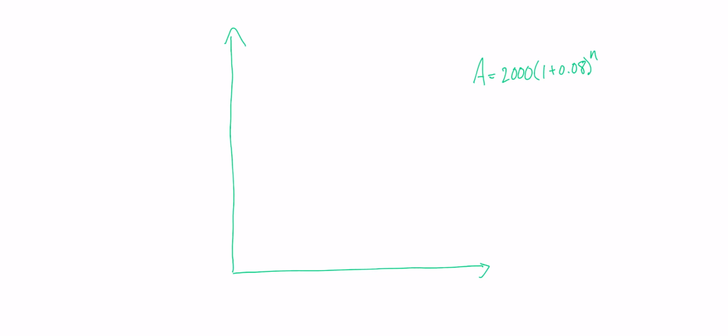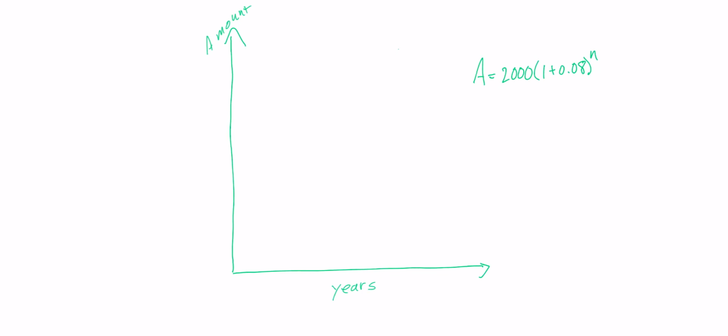Now, if we were drawing this, you knew from our basic exponential laws that we learned a long time ago that this is a growing function, an exponential growing function with a starting value of 2000. And that starting value represents the y-intercept on my graph. So this portion represents the amount, and this represents the years.